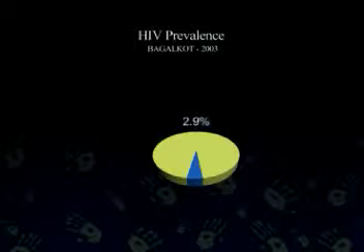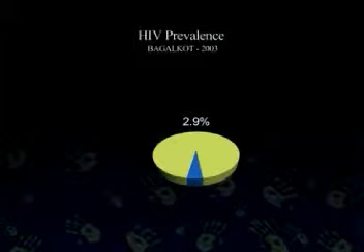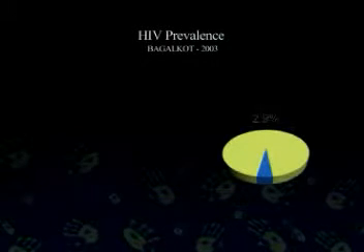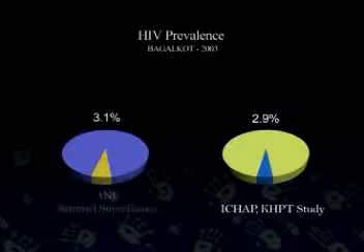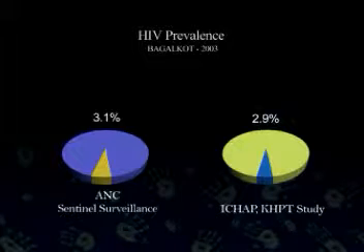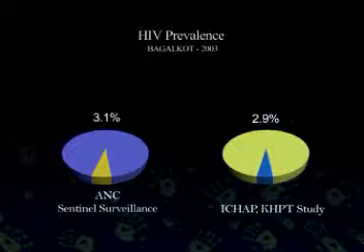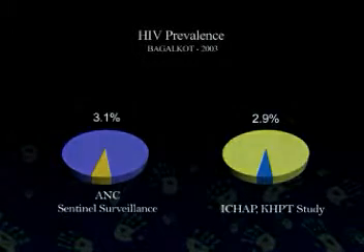So as you see in this graph, the overall prevalence in the district estimated by the survey was 2.9%, which compares very closely with the ANC sentinel surveillance data for Bagalkot district in the same year, which was 3.1%.